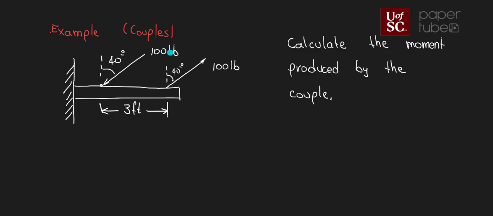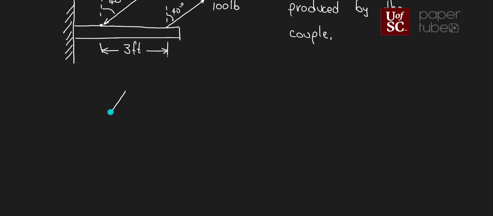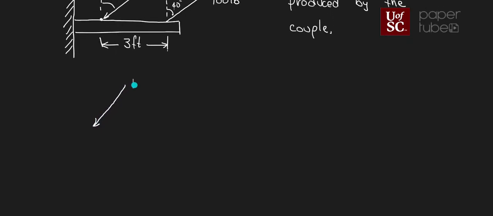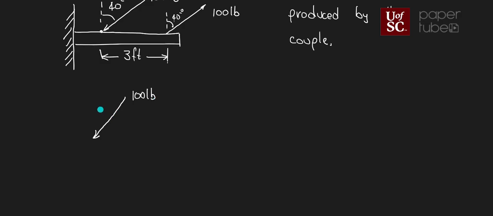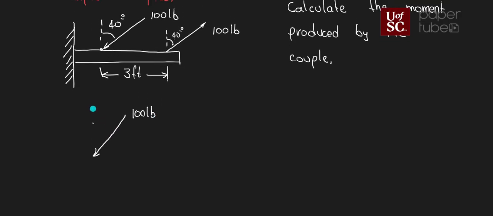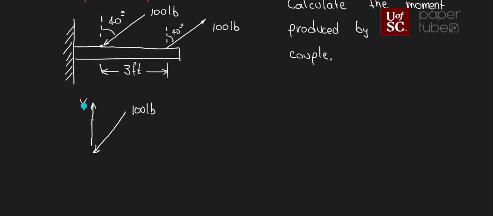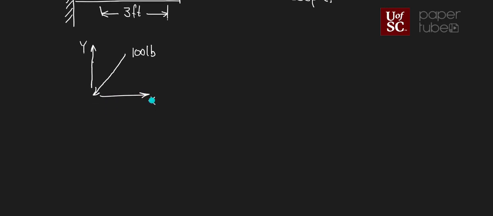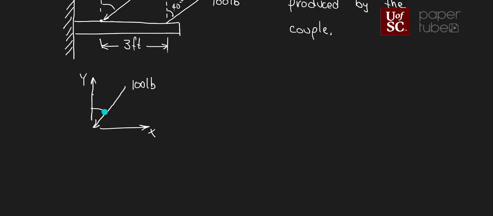Okay, so what do I mean by that? Let me take this 100-pound force. What we're gonna do is decompose it into two components. So let's say that this is my 100-pound force. I'm gonna put my y-axis in that direction, x-axis in this direction. We know that this is 40 degrees.